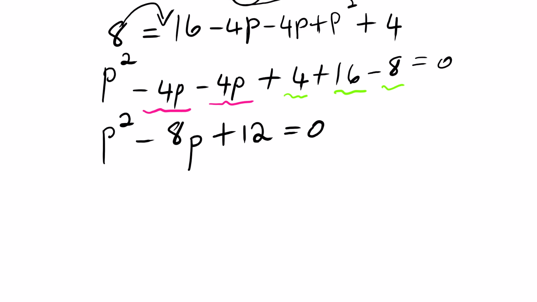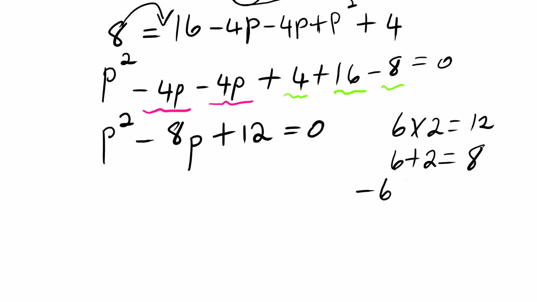Now other factors, it's 6. 6 multiplied by 2 is 12. 6 plus 2 is equal to 8, but remember we are looking for negative 8. Negative 6 plus 2 is negative 4. We are almost there.